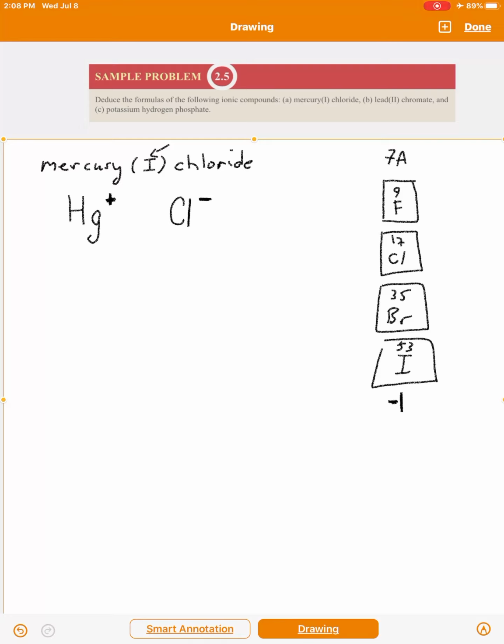Okay? Now what you do is you match up the charges. If the charge of the cation is equal to the charge of the anion, then they combine in a 1-to-1 ratio. And so we write it as HgCl.